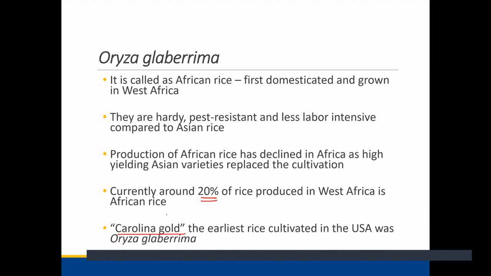The United States has a mixture of states with a mixture of climate and soil. Where they have a climate closer to the tropics, they grow rice, to a small extent. But the earliest rice they introduced to the Carolinas belongs to this species.